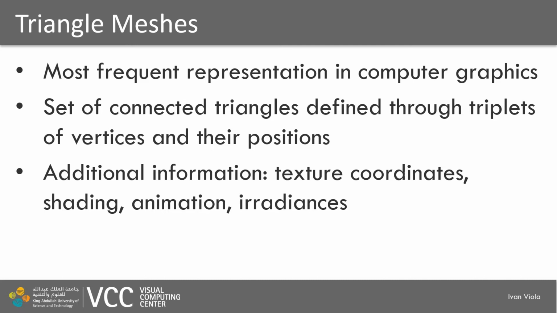So in fact, we can on one hand store these triangle meshes as individual triangles, but that would be a rather inefficient representation, especially if you think that on the vertices we will be storing not only their positions, but also additional information, such as texture coordinates, shading information, maybe animation, or their irradiances, meaning the material properties.